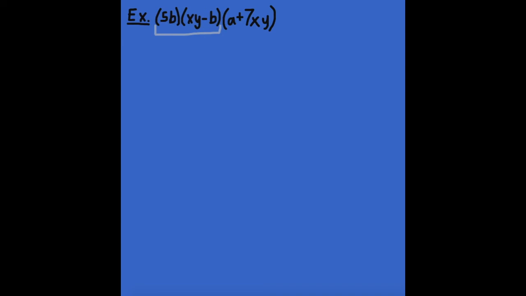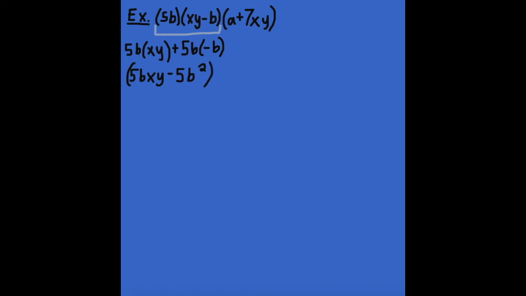Then, we will do the same thing we've been doing in this video. We will set up the problem as 5b times xy plus 5b times negative b. 5b times xy is 5bxy, and 5b times negative b is negative 5b squared. So we have 5bxy minus 5b squared.